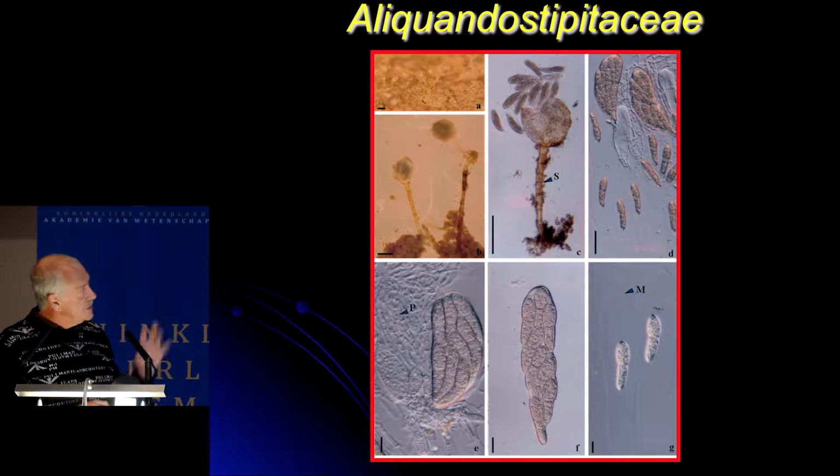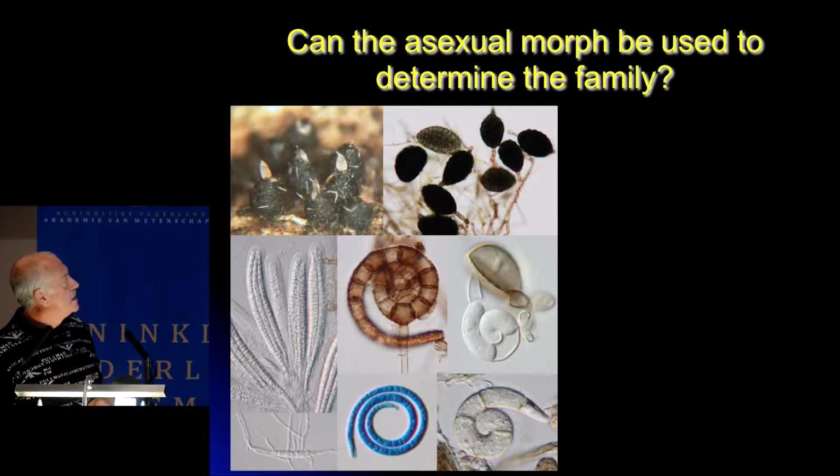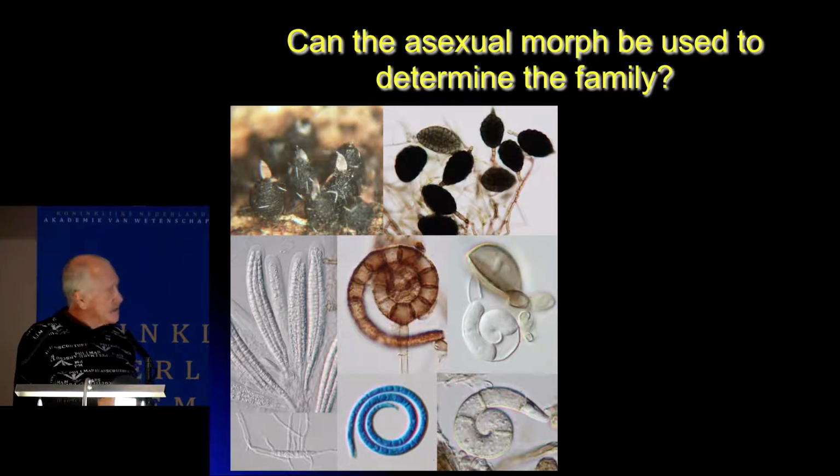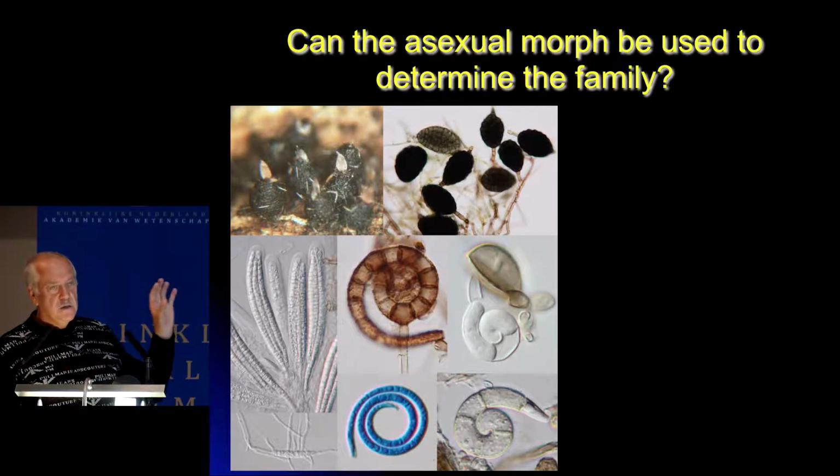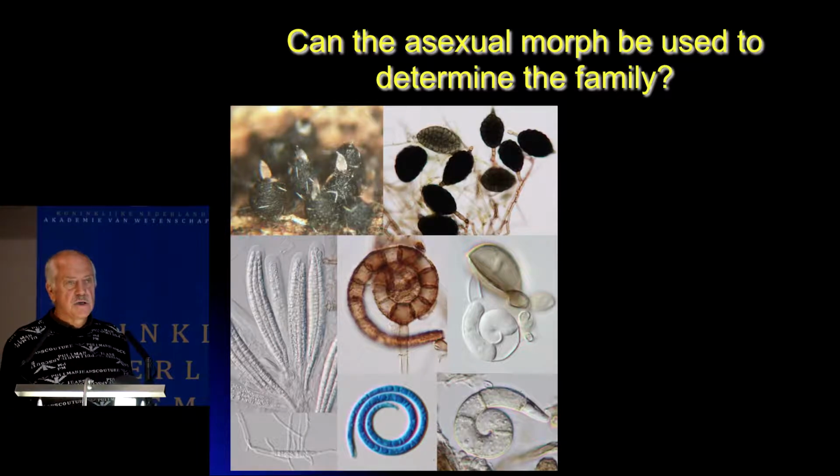Now, maybe some of you know what this is. These are helicoid spores, and these are chlamydospores. This amazing structure here is a helicoid spore coming out of a conidium. But if you get these fungi, you probably could guess which family and order they belong in.